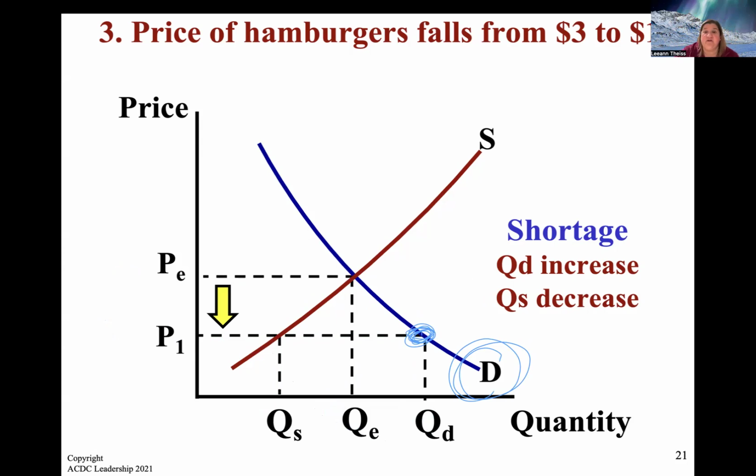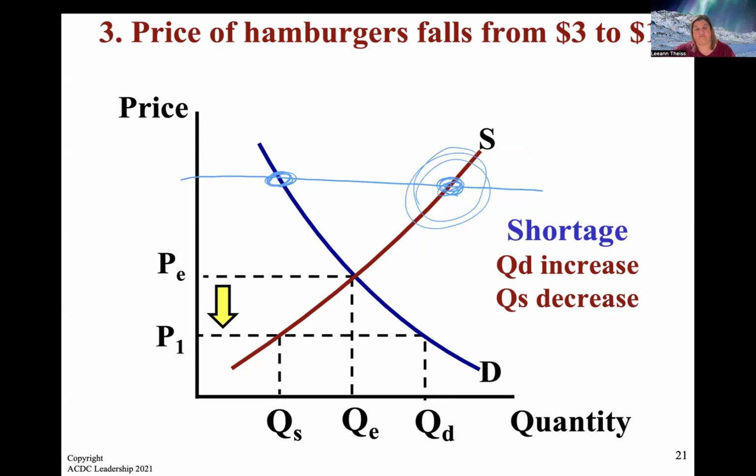But if, for example, instead we raised the price, notice that when I draw my new intersection points, the supply curve is out in front. Anytime the price rises above equilibrium, we have created a surplus because supply is out in front for our new point and demand is in the back. That means we have more being supplied than being demanded. If this is confusing to you, it's okay. I promise we're going to do a lot that are like this one.